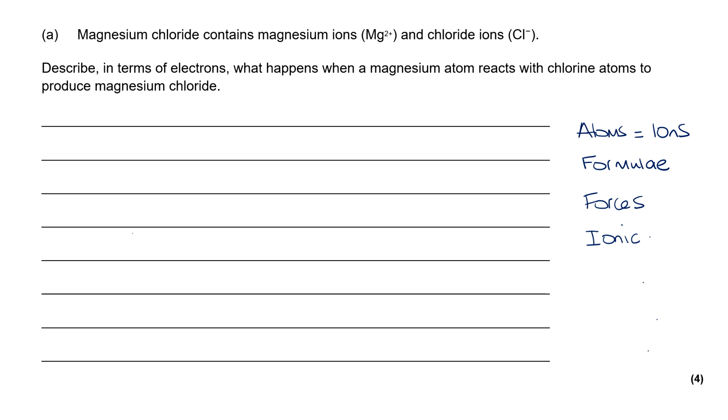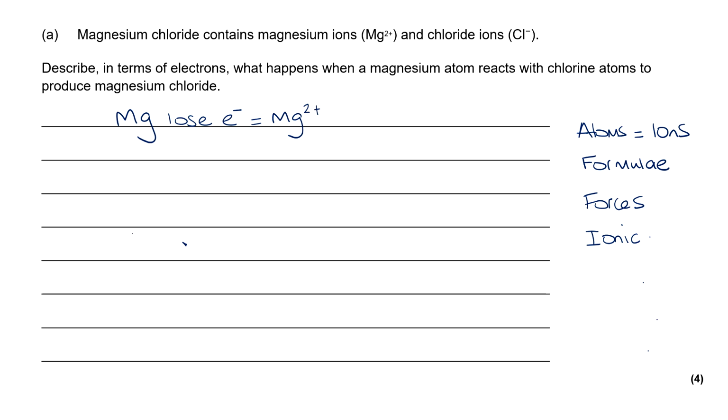I would start out this question by firstly stating how you arrived at the charges on the ions, and we know that magnesium will lose its two outer shell electrons to become magnesium 2+.